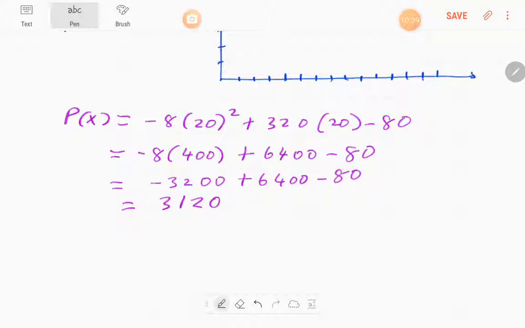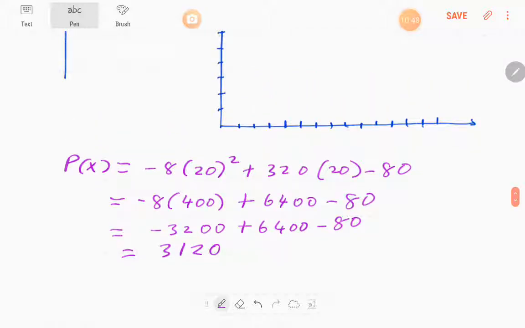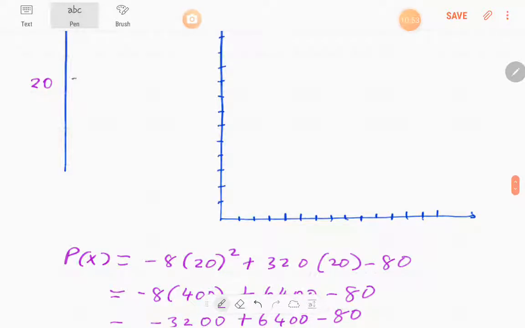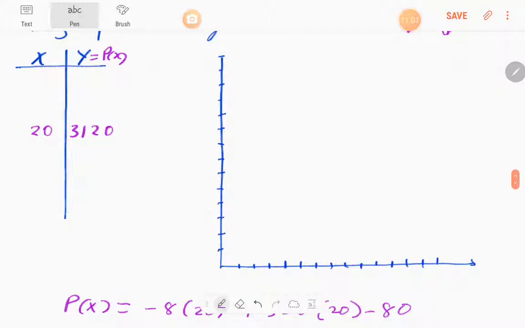So that's our profit when the number of units sold is 20. So this could be 20,000, 20 million. We started with 20, and our y value is 3120. Once we get the vertex here, I like to take two values before and two values afterwards. You could just take one value before and one after. So here, this would be 19, 18, and 21, 22.